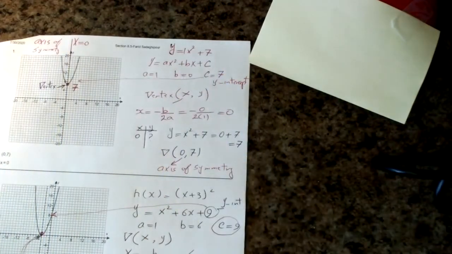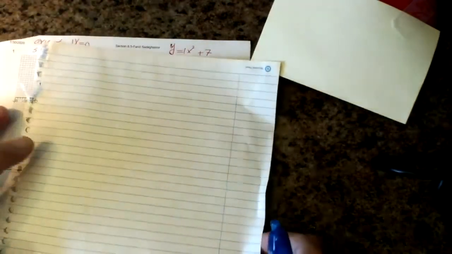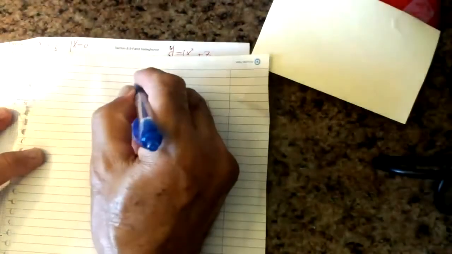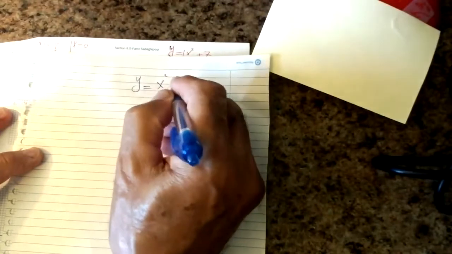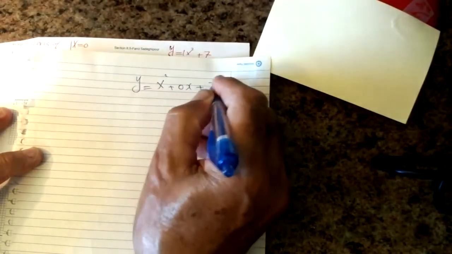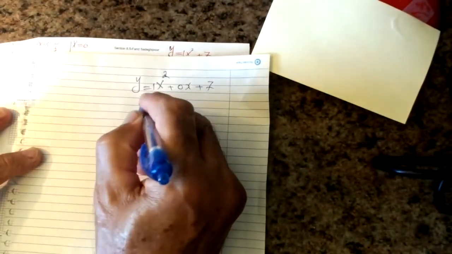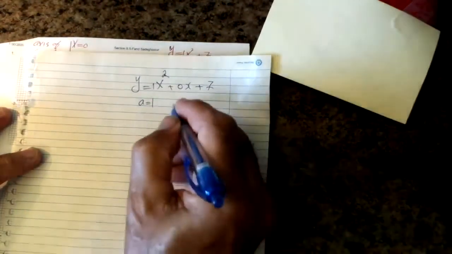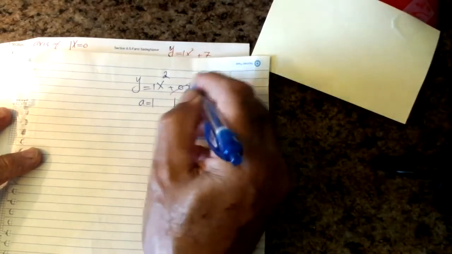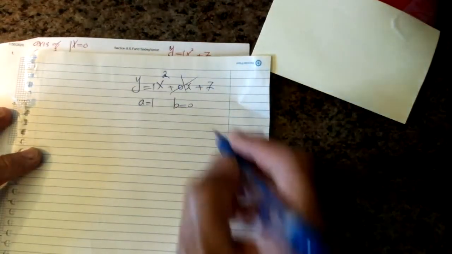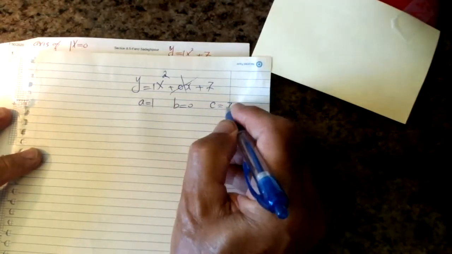Okay? So basically, here, you could write this as y equals x2 plus 0x plus 7. See? Then what is the value of a? 1. B is 0 because you don't have the second term. And c is 7.